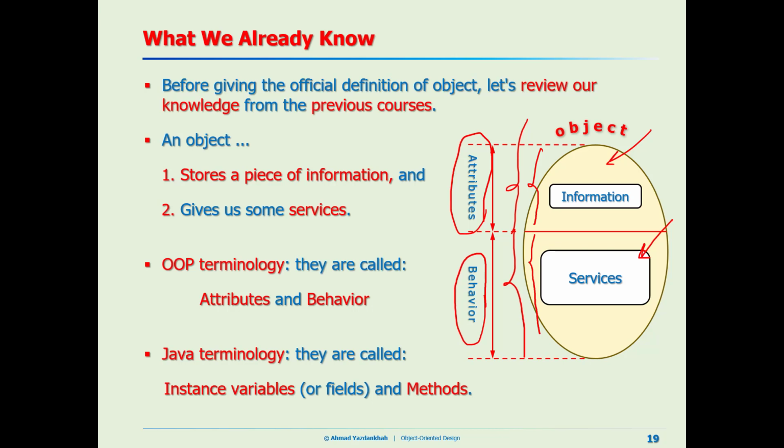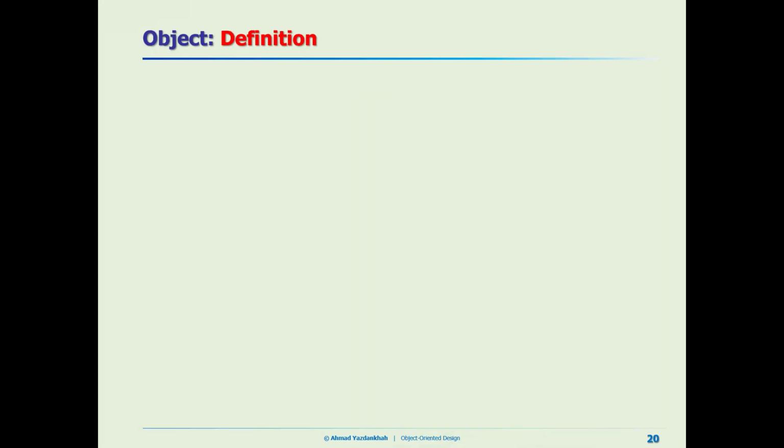All right. So now let me give you the official definition of an object. And this definition is independent of programming language. So we are looking at the definition of the object from the object-oriented paradigm, not a specific language.